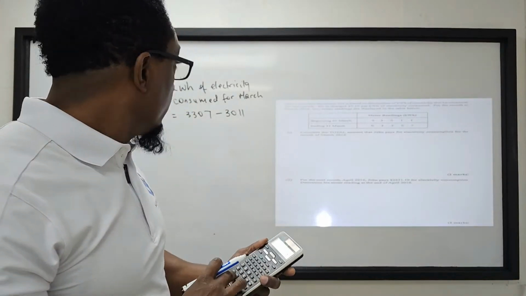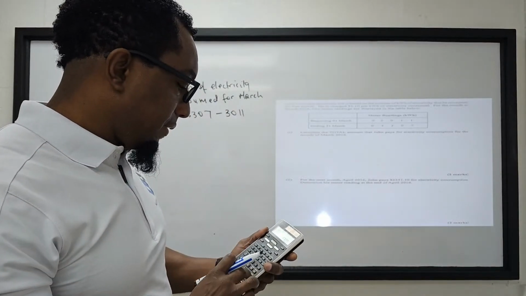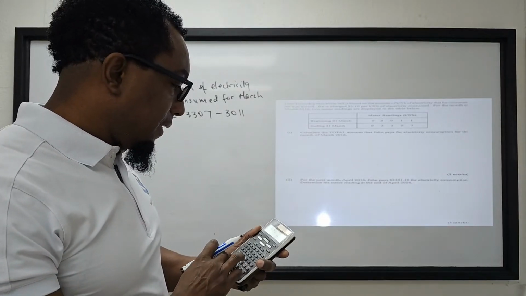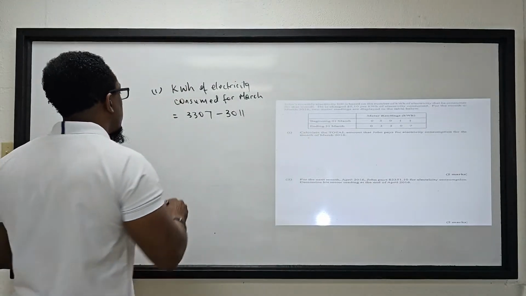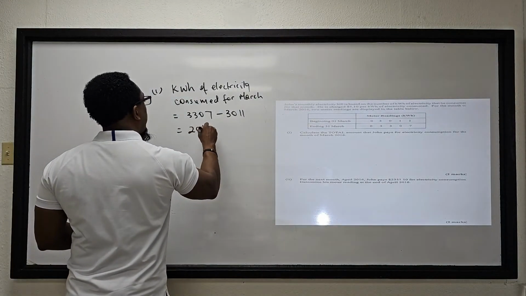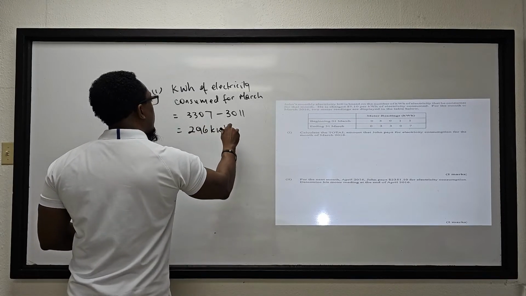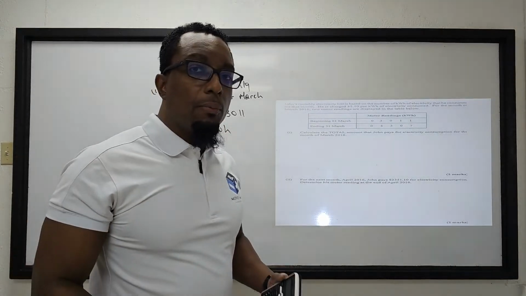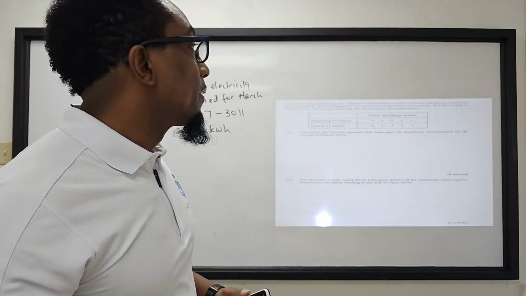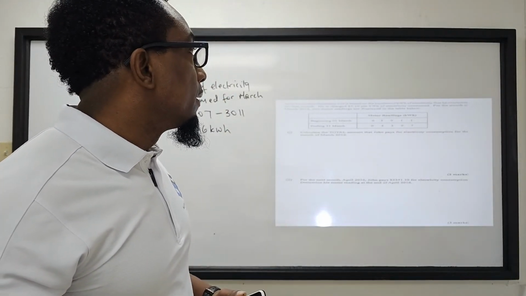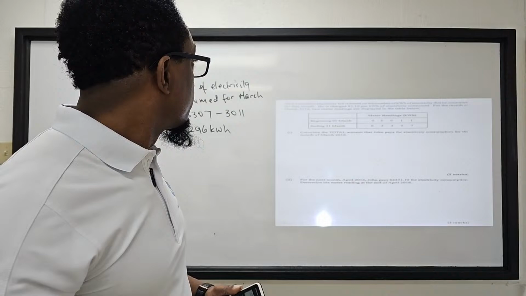So 3,307 subtract 3,011 will give us 296 kilowatt hours. So that is the amount of kilowatt hours consumed for the month of March.